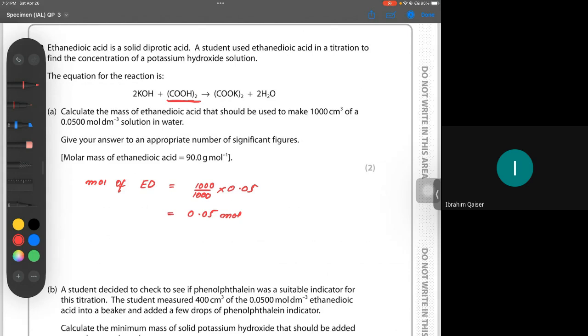The equation for the reaction is this. Calculate the mass of ethane dioic acid that should be used to make 100.0 cm cube of a solution in water. Okay, these are the moles. Then I have to find out the mass. Mass is equal to Mr times moles. Mr of ethane dioic acid is 90 times 0.05. Then I would be getting the answer. 4.5.